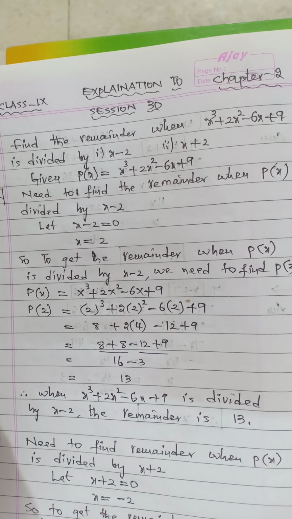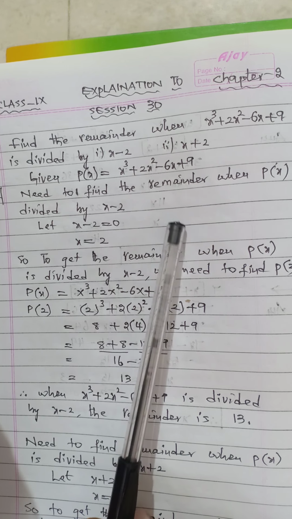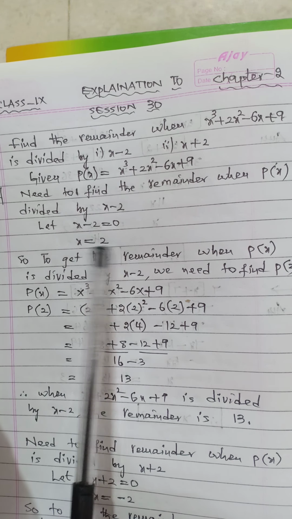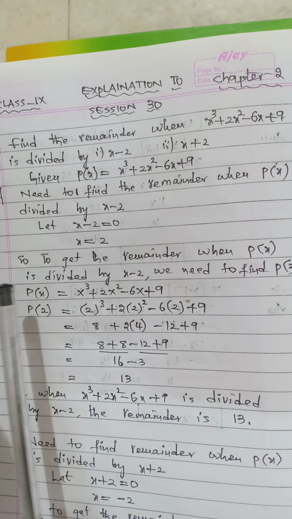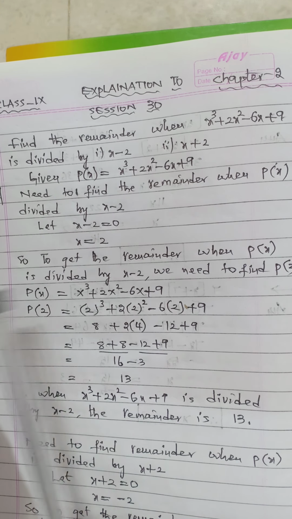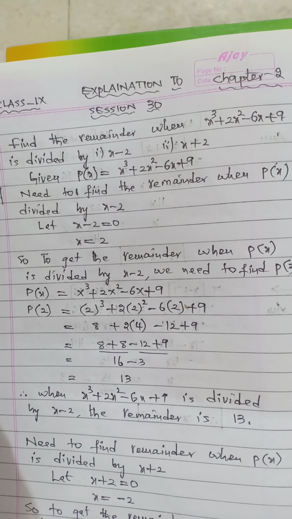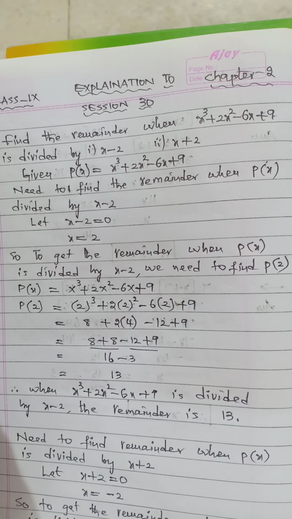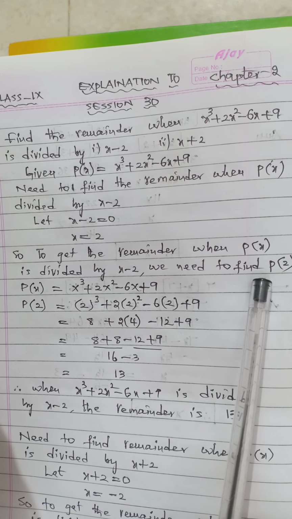Since x minus 2 is equal to 0, we send the minus 2 to the other side, so x is equal to 2. Here we write one statement: to get the remainder when p of x is divided by x minus 2, we need to find the value of p of 2.